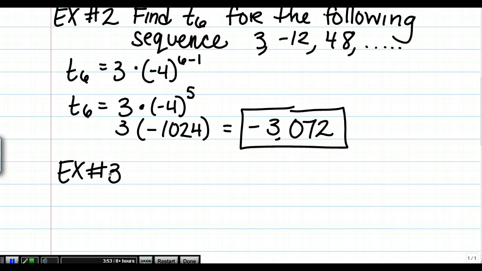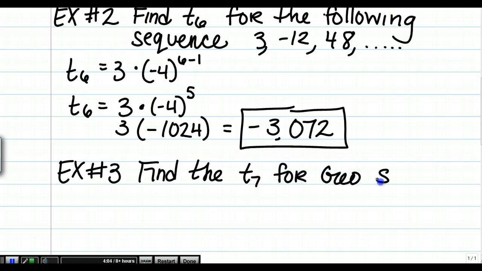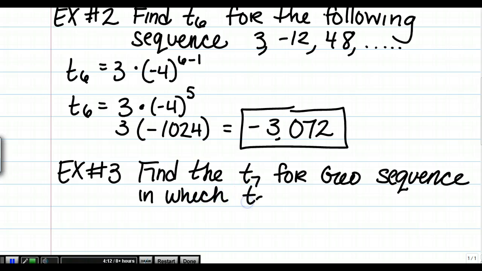Some of your homework questions could ask you to find the 7th term for a geometric sequence in which the 2nd term is 24 and the 5th term is 3.